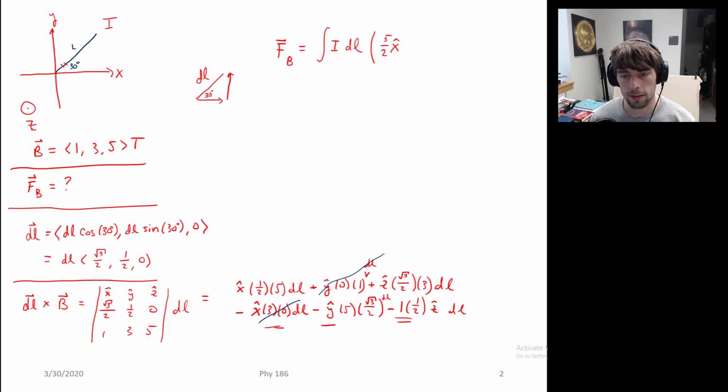How about the y hat? Well, that's right here. Minus 5√3 over 2 y hat. And then z hat has a little bit more to it: 3√3 over 2 minus 1/2.